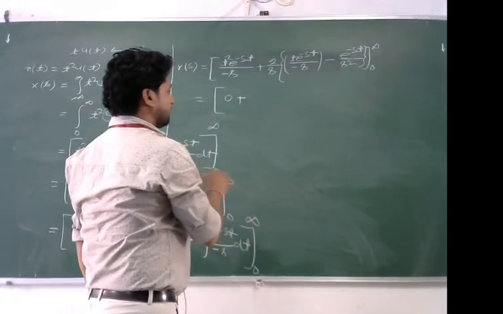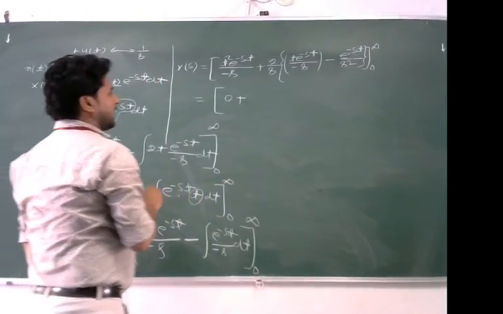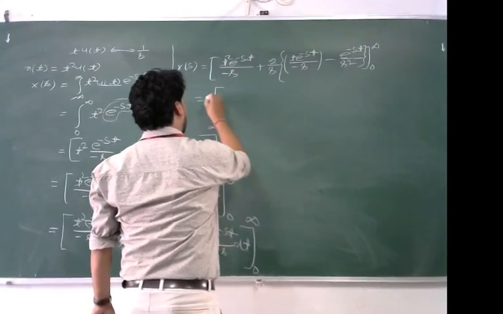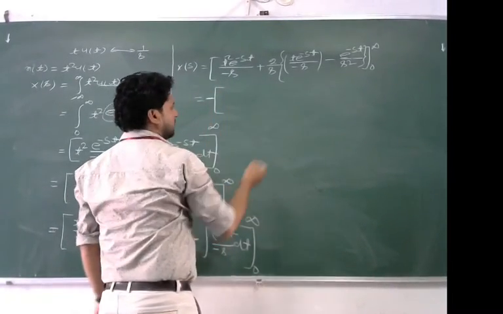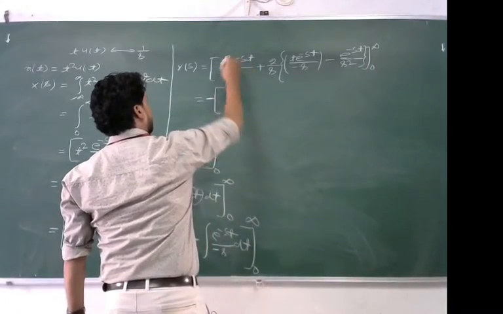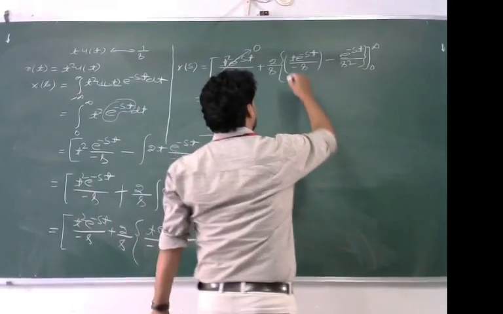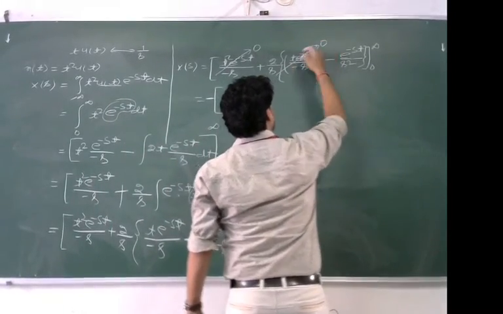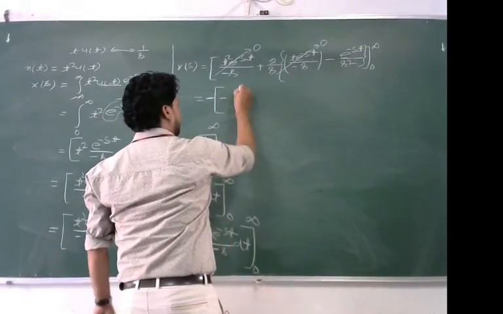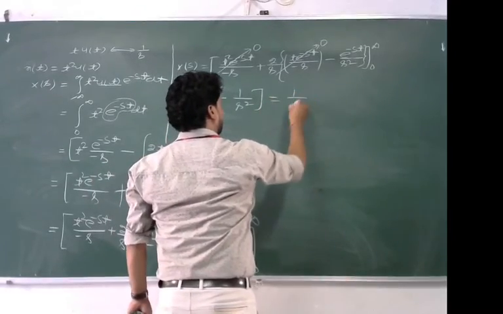So all the terms become 0 at t equal to infinity. Then minus, now I put t equal to 0. This will become 1. This will become 0 because t square is here. This will also become 0 because t is here. This will become 1 upon s square minus 1 upon s square, and this will be equal to 1 upon s.